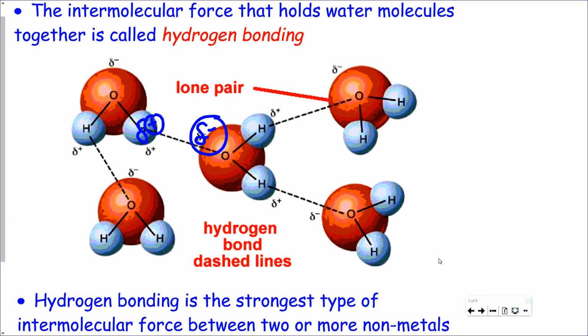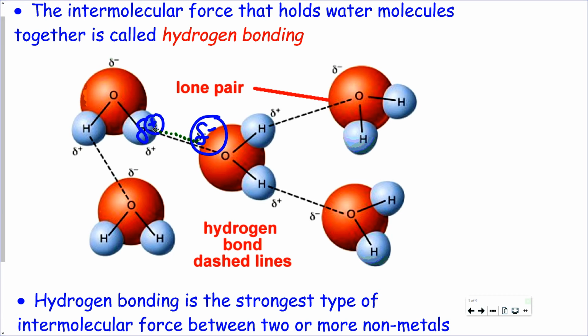When you have water molecules in the presence of each other, the hydrogens from one of the water molecules will be attracted to, magnetically, the oxygen in another water molecule. Positive attracts negative. And the colder the water sample is, the closer that bond becomes.